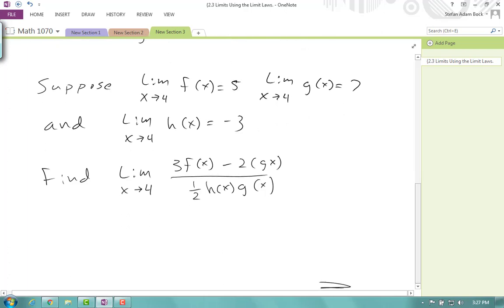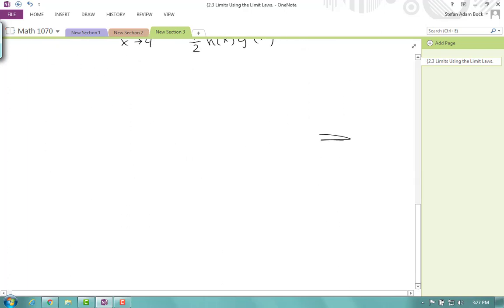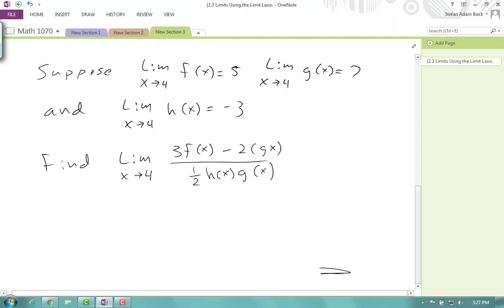And I should try to handle this in parts. Let's see. First up, I should see that I have a division here. So according to the limit laws, I can use my fourth rule to say this is equal to the limit as x goes to 4 of 3 times f of x minus 2 times g of x.